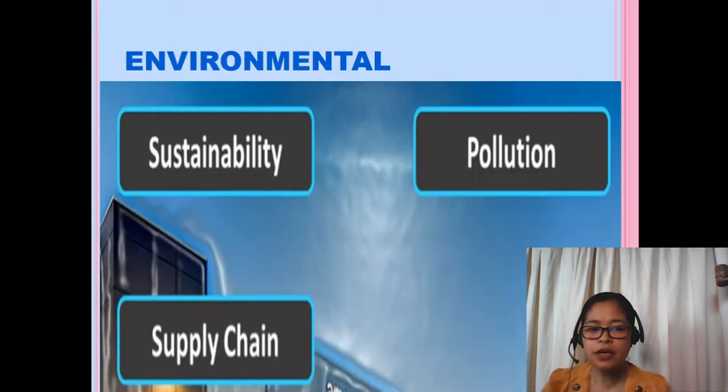Now we have here the environmental, so it is very important. So the sustainability, the supply chain, and the pollution, if it affects your business. Say for example, a certain place is implementing a ban on the use of plastic bags. That is now an ordinance of many cities in the Philippines.